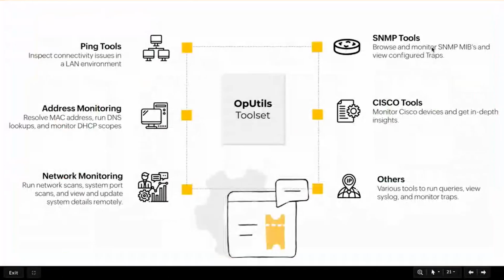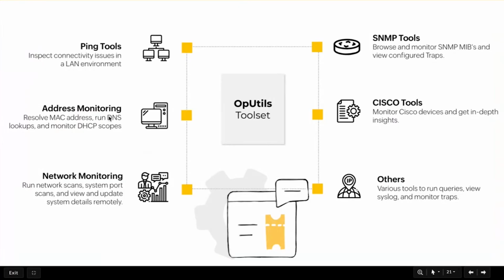Now let's talk about the OpUtils network toolset. Initially we told you we have 30 plus networking tools inside OpUtils, and this toolset helps IT administrators perform different networking tasks within a centralized console. We have 6 different groups of networking tools, starting with ping tools to detect connectivity issues, and the address monitoring tools that will help you resolve MAC addresses, run DNS lookups, and monitor DHCP scopes.